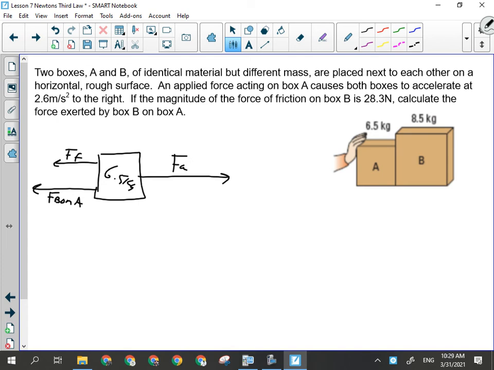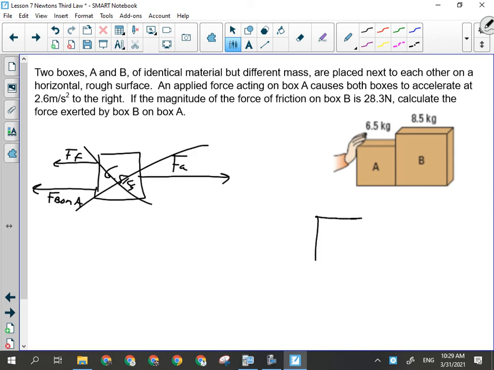I could calculate the net force on box A, but that doesn't get me anywhere, right? I don't know any of these forces. I can't use the sum of all forces equals m times a for that box because I just don't have enough information. So, box A is out.